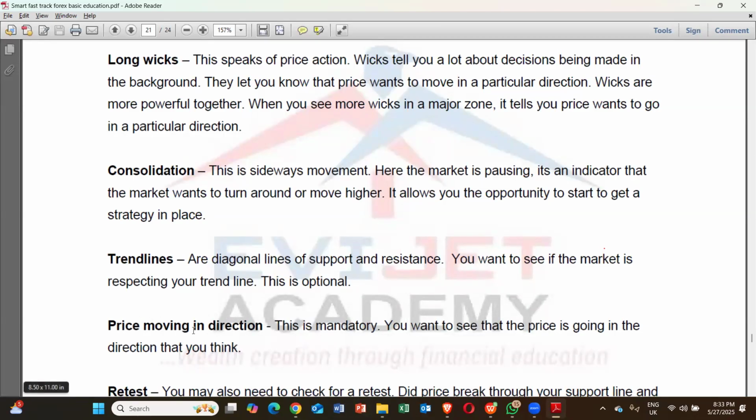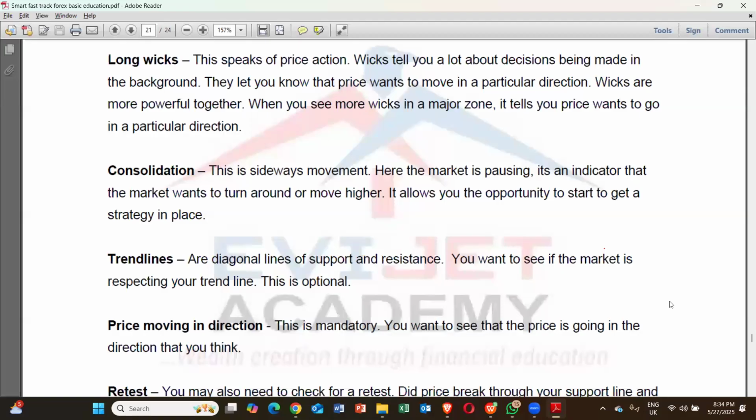Then price moving in direction. This is mandatory. You want to see that the price is going in the direction you think. So what this is trying to say is that you have analyzed your market, but the market, you said the market should buy, but instead the market is still going down. 5, 10, 15 minutes and it is still going down.